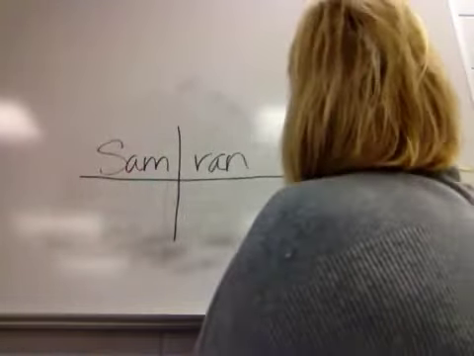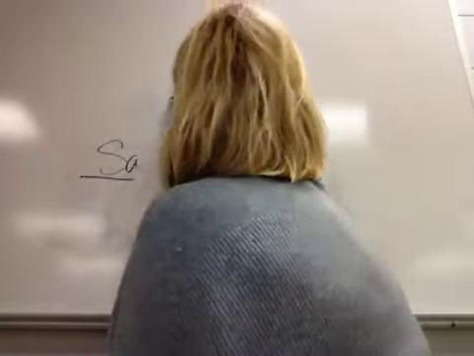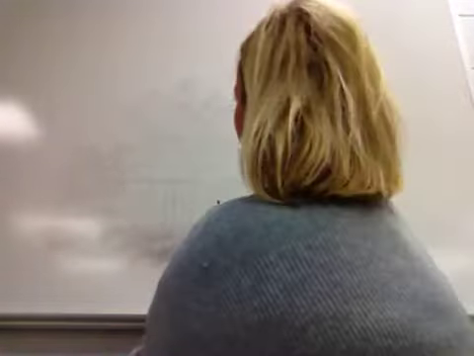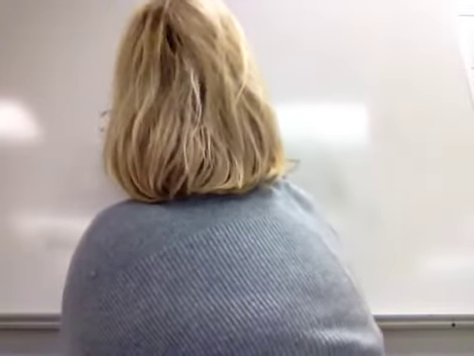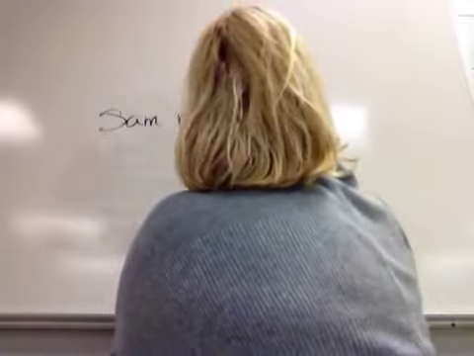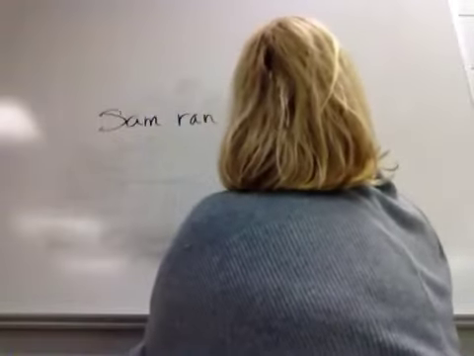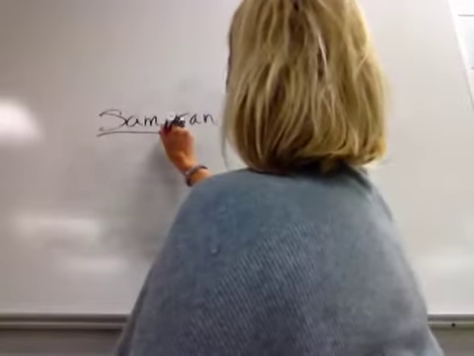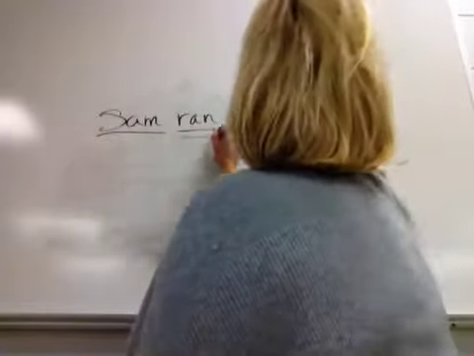Let's do one more. I'm going to add some more words to it, but we're only going to diagram the subject and the verb, okay? Say we have this sentence. Sam ran to the library. Okay, Sam is our subject. Ran to the library is our predicate.